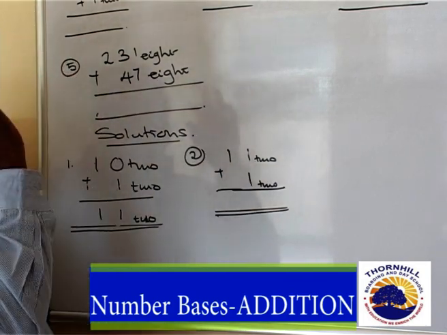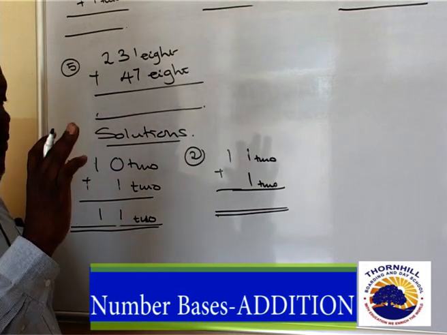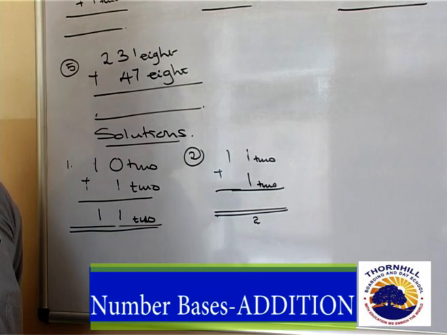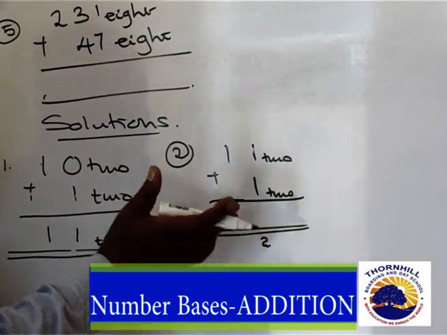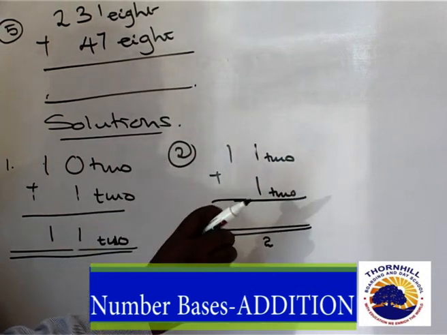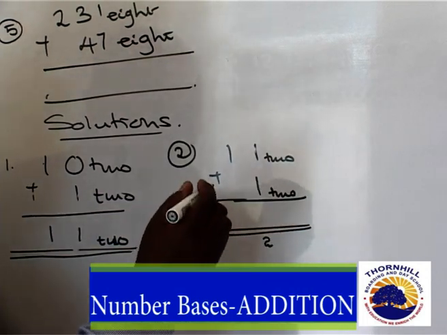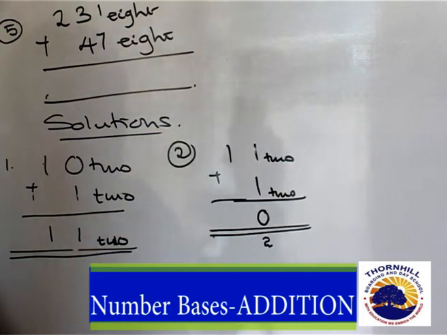Now, remember, when we were counting and reading, in base 2, there is no 2. So we write our 2 down as groups of 2s, and take it to where it belongs. So how many 2s are in 2? We say 1. What's the remainder? The remainder is a 0. We write a 0, we remember the 1.